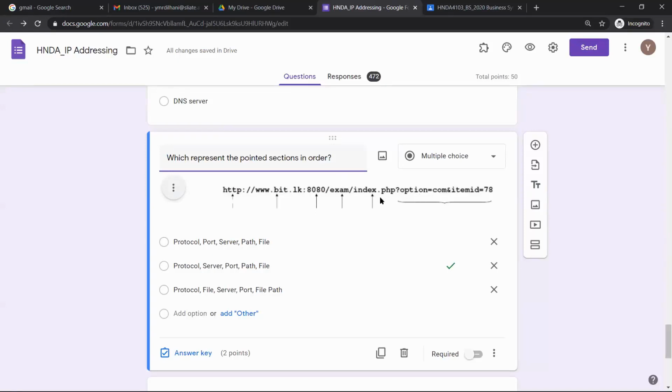So that is the order of a URL. This is called a URL. A URL has specific sections. First, it will contain the protocol, and then the server and port, and then the path where the file is, and at the end, the name of the file, right?